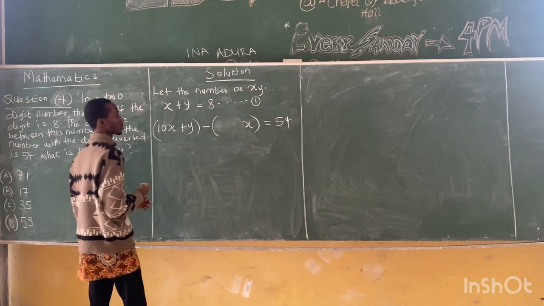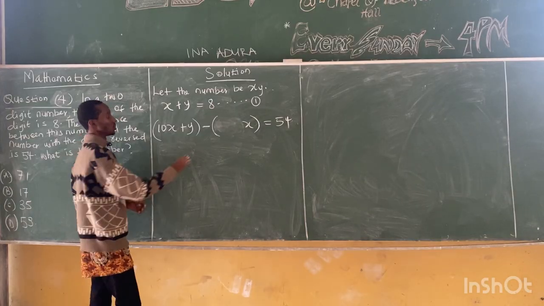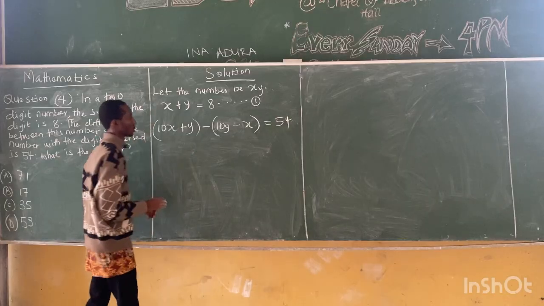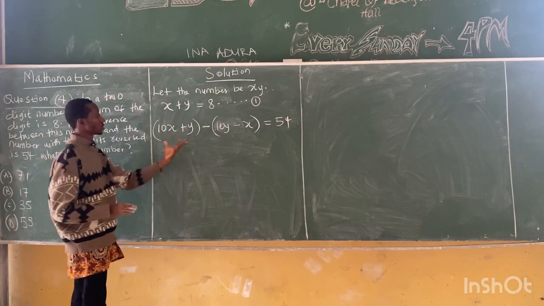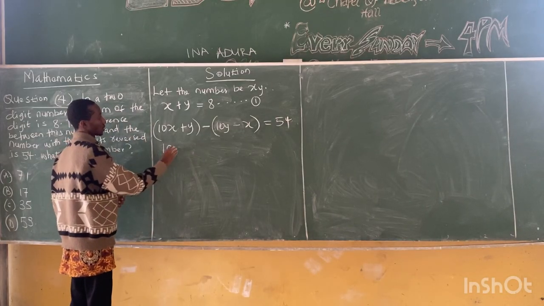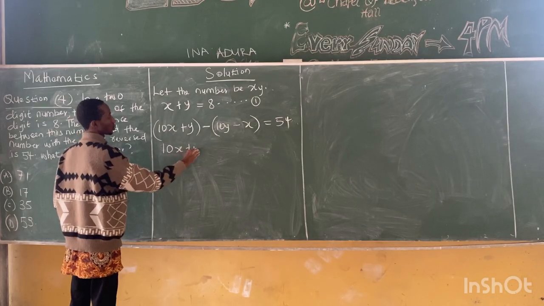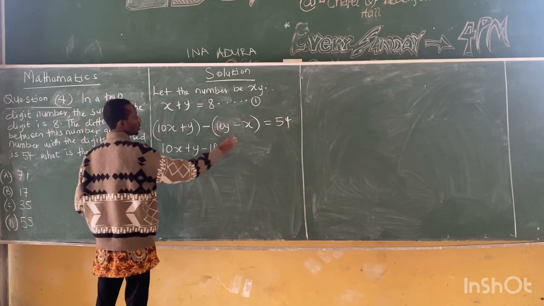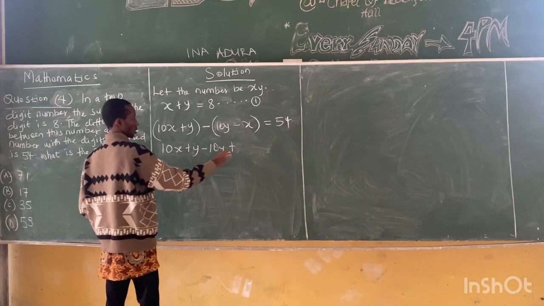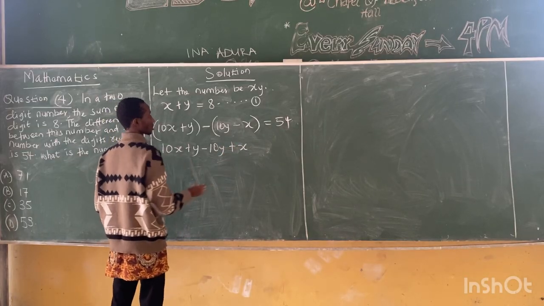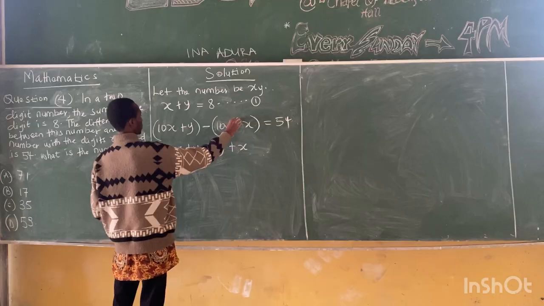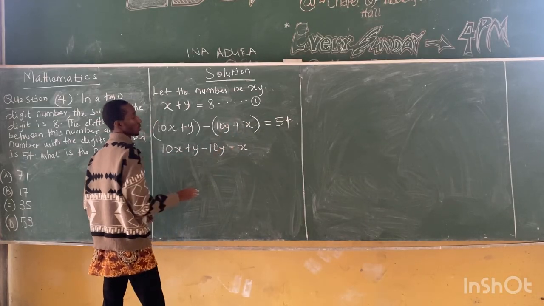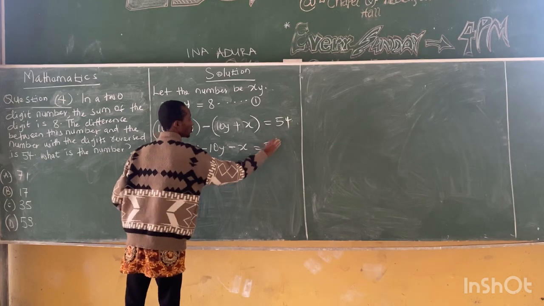When we expand it, we have 10x plus y, this times this, we have minus 10y. This, we have plus what? Minus x equal 54.